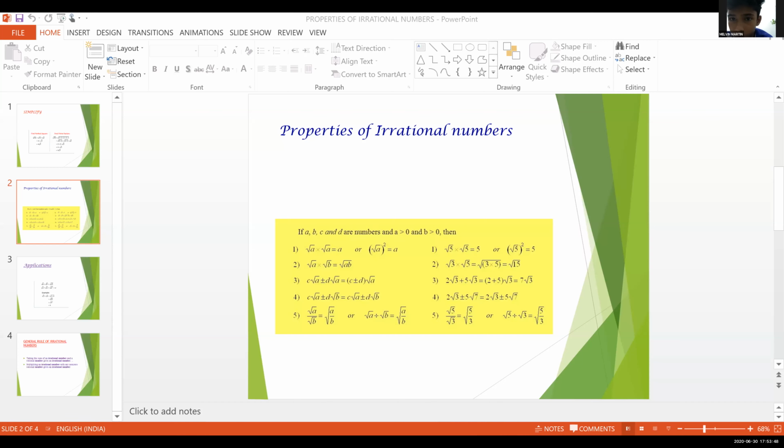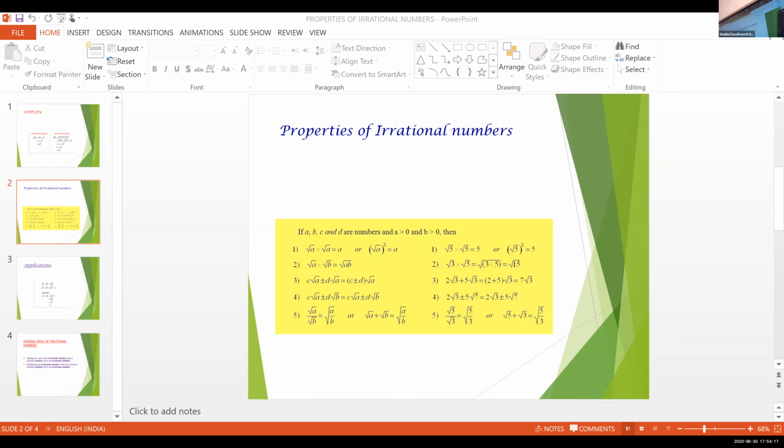Second rule: root A into root B. Meghna, will you read the second one? Example: root 3 into root 5 equal to root 3 into 5 equal to root 15.